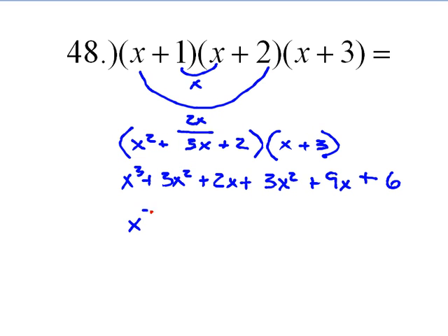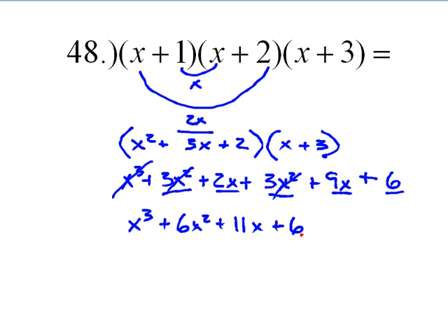Let's combine like terms. X cubed, and we have a 3x squared and a 3x squared. That'll give us 6x squared. And we have a 2x and a 9x, which gives us 11x. And then we have our remaining 6. Takes a little effort, but you get there eventually.